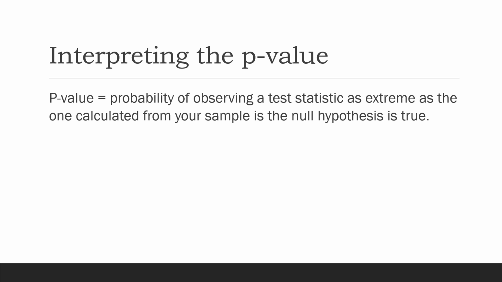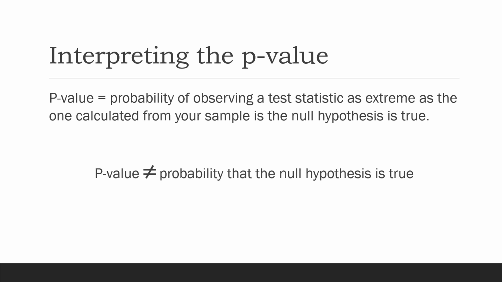Now, a few other important points. When we think about interpreting the p-value, remember that the p-value is measuring the probability of observing a test statistic as extreme as the one calculated from our sample if the null hypothesis is true. So it's a chance of seeing our data if the null hypothesis is true. What it is not calculating is the probability that the null hypothesis is true.